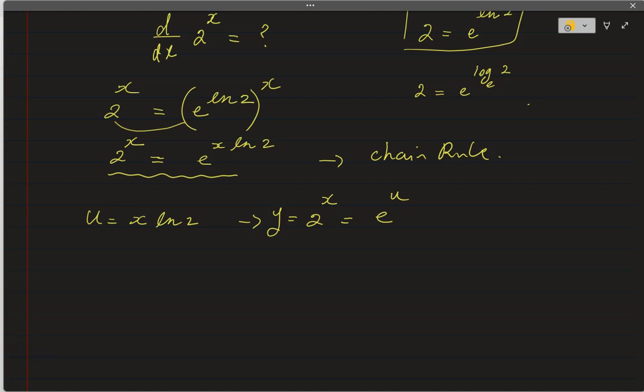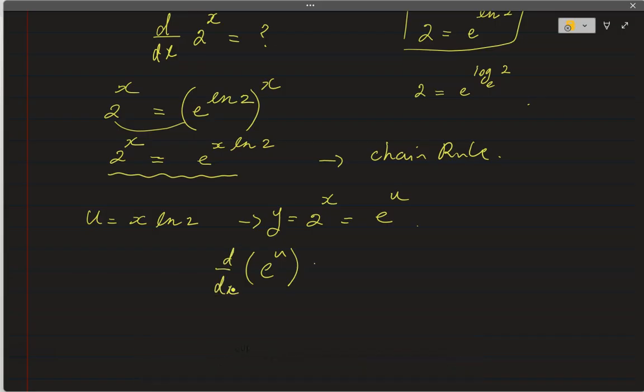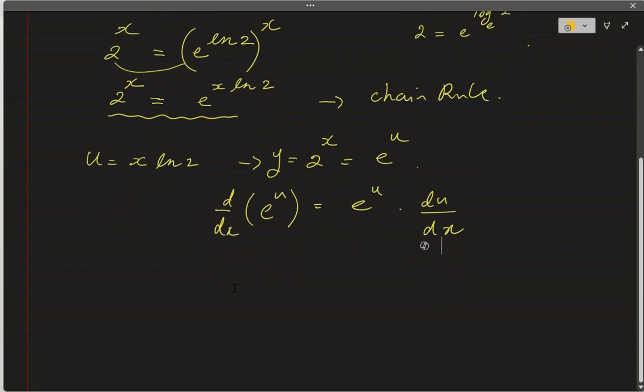Simple as that. Now we can take the derivative of e to the u. So d dx of e to the u is e to the u times du dx. That's the chain rule, and we know that that is true.